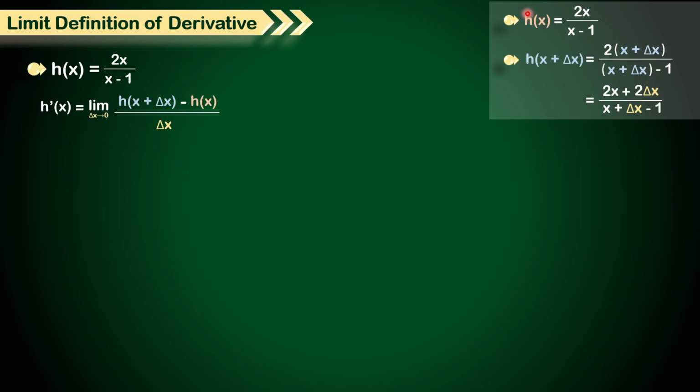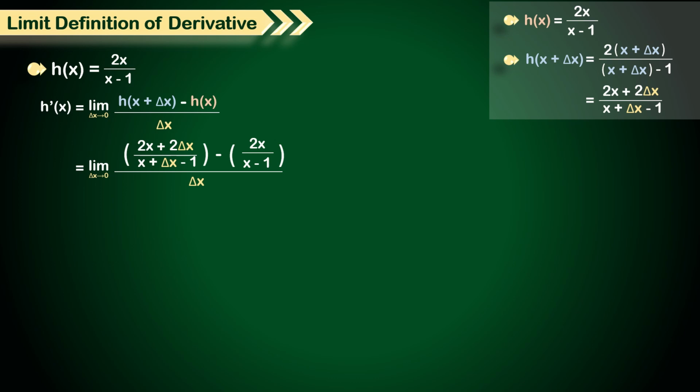Substitute h(x) and h(x + Δx) into the definition of the derivative. And it's equal to the limit of h(x + Δx), which is (2x + 2Δx) over (x + Δx - 1), minus h(x), which is 2x over x - 1, all over Δx as Δx approaches 0.